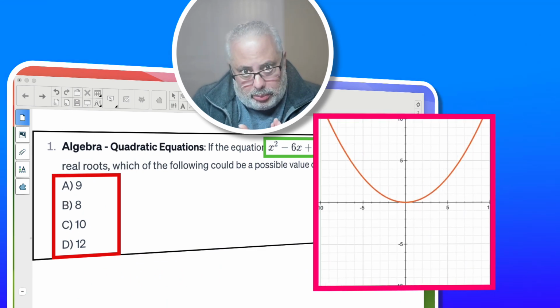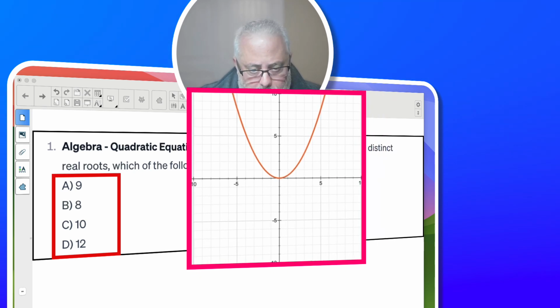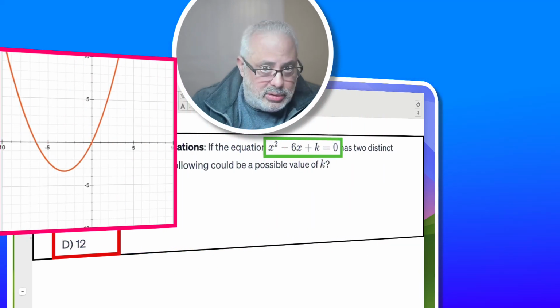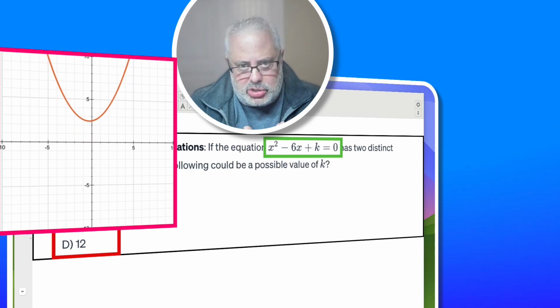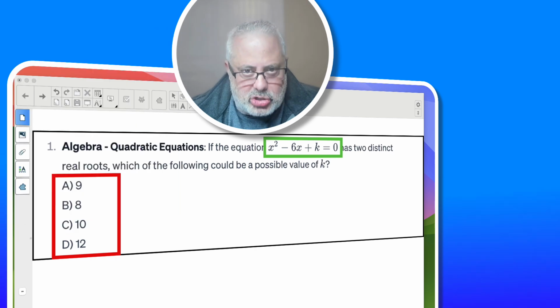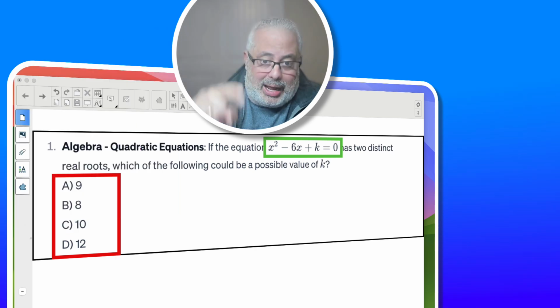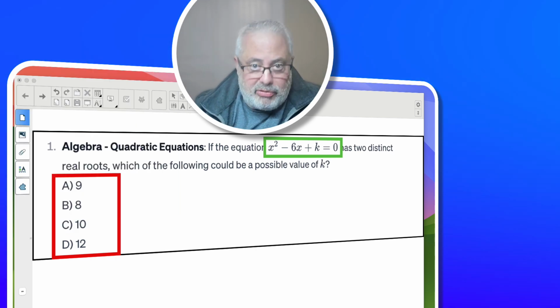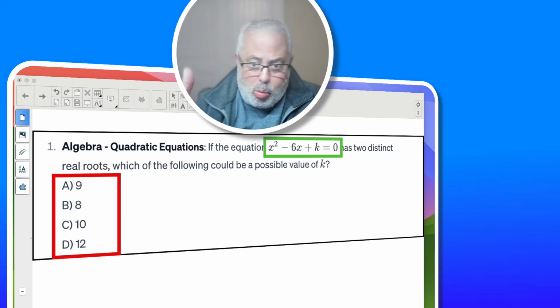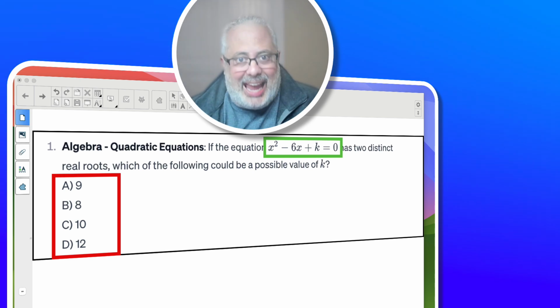It can intersect the x-axis twice, or once, or never. When they say two distinct real roots, what they're saying is the parabola is touching the x-axis twice. Find those numbers? I don't want to find those numbers. I want to find the missing number, k.